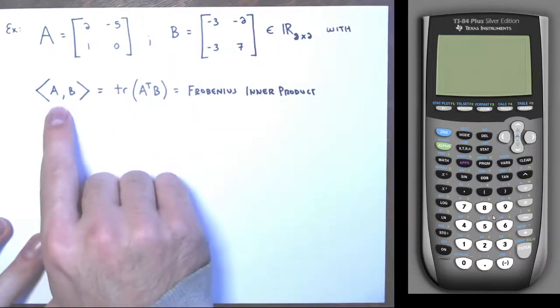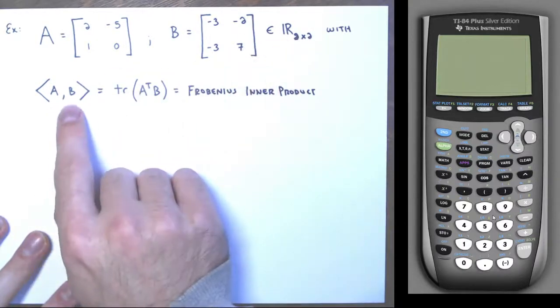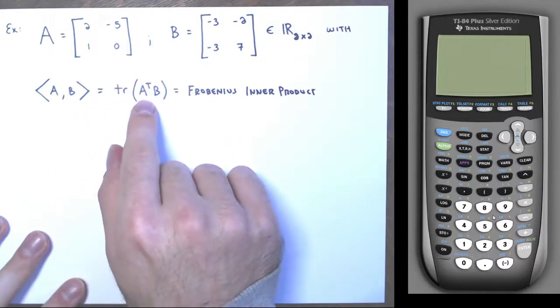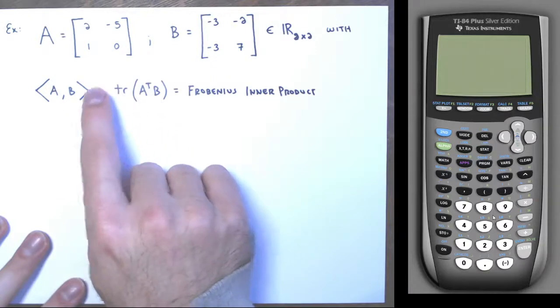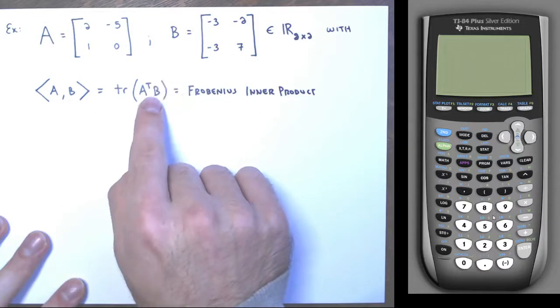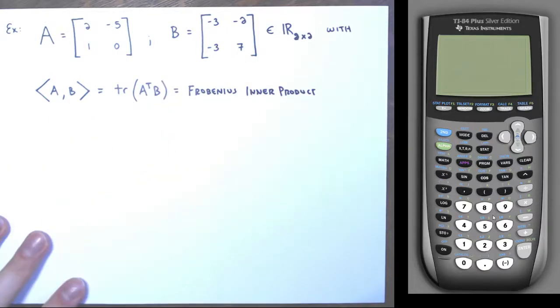And the inner product defined on R 2 by 2 here is that the inner product of two matrices is the trace of the transpose of the first times the second. So you take the transpose of the first matrix, multiply it by the second matrix, and find the trace. Remember, the trace of a square matrix is the sum of the main diagonal entries.